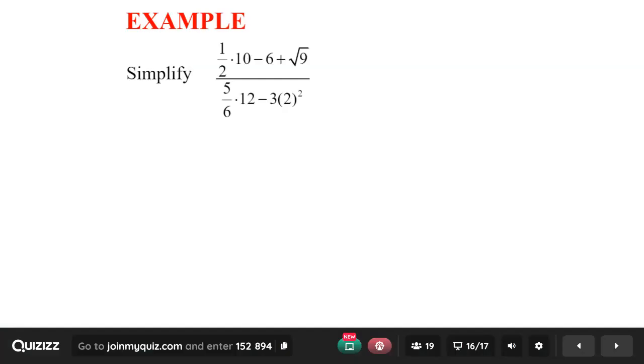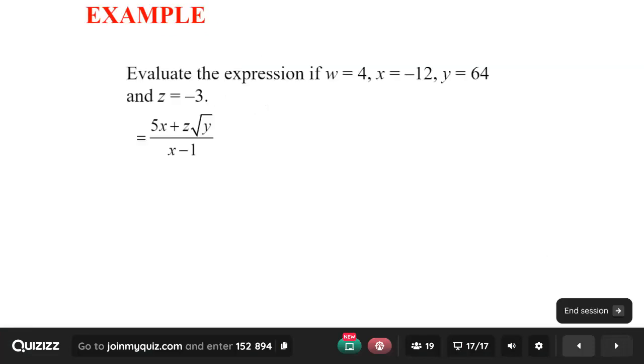Again, order of operations, this time with evaluating expressions. Evaluate the expression if w equals 4, if x equals -12, if y equals 64, and if z equals -3. What do I do with all of those? Plug them in. Plug and chug.